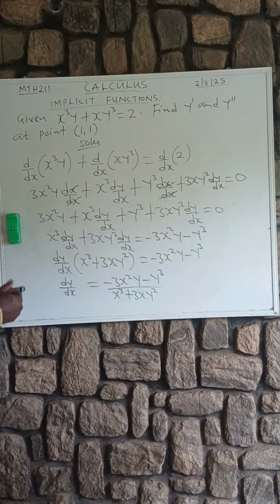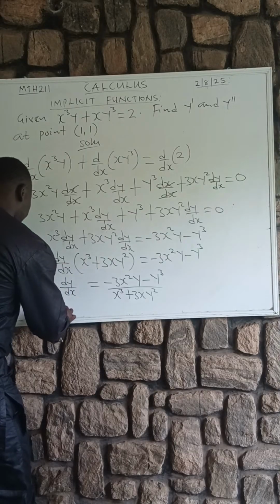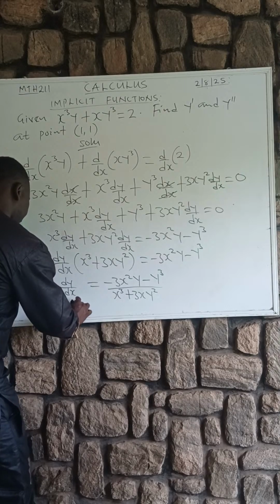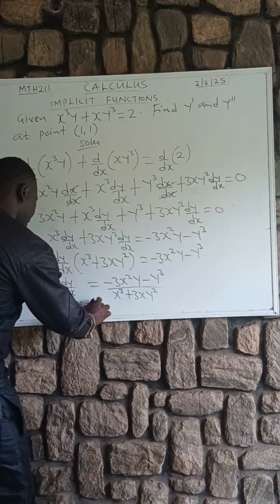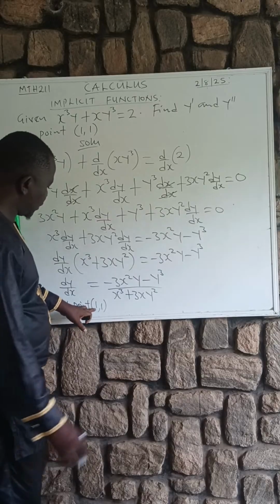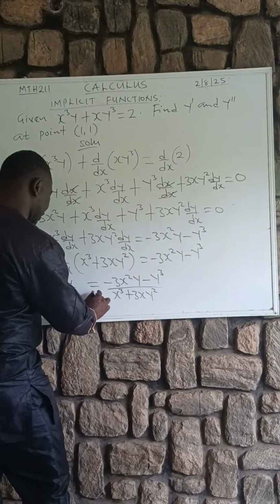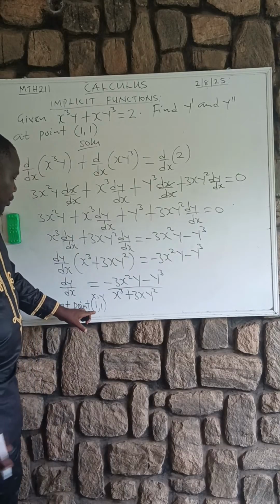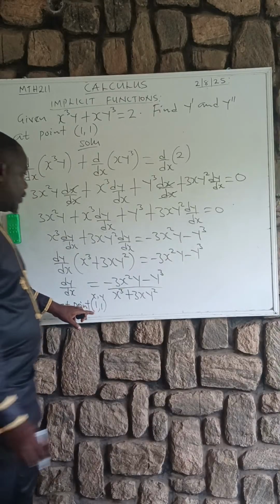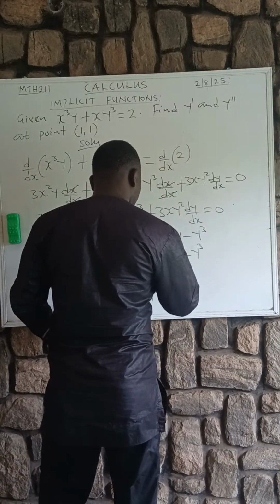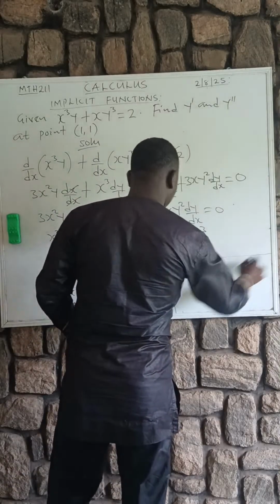Okay. So now at point 1,1, it means your x is what? 1x, this is comma y. So anywhere you see x, you write 1.